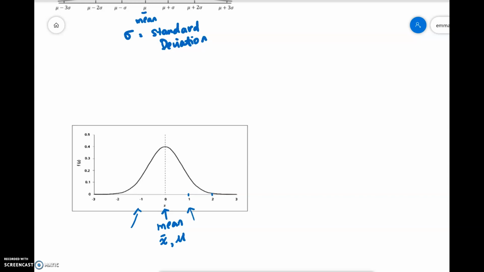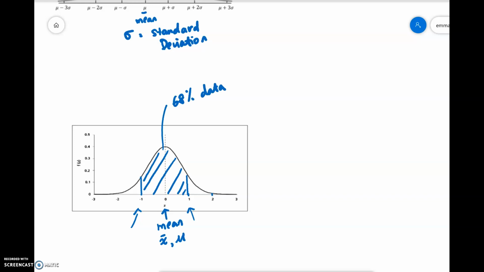for the 1 standard deviation, that is our -1 and 1. That means inside this region, I have 68% of the data.